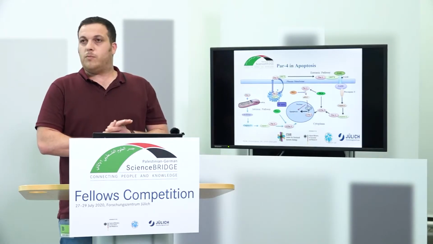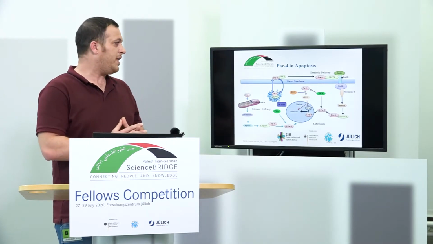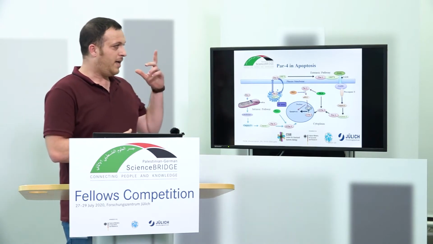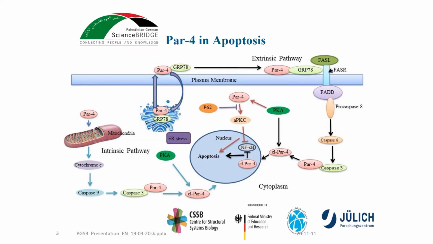Par-4 in apoptosis. Par-4 has been involved in both the extrinsic and the intrinsic pathway of apoptosis. The extrinsic pathway is the most well-characterized mode of apoptosis by Par-4, and there is little known about the intrinsic pathway. However, I will explain the extrinsic pathway first.